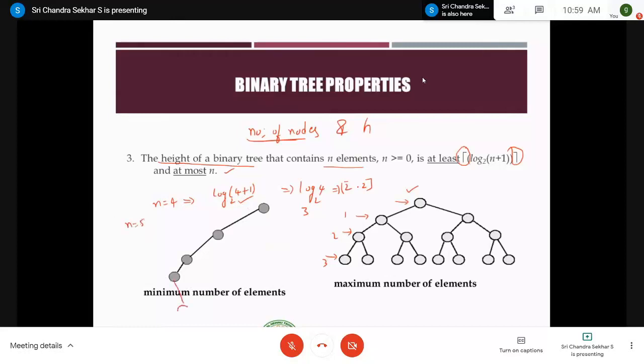You draw one more node like this. In such case, what is the height of this one? This is 1, 2, 3 and 4, right? So the height is equal to 5, right? So this is how the number of nodes of a binary tree and the height of a binary tree are correlated, right?